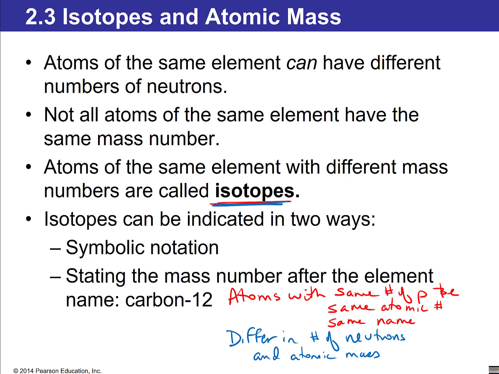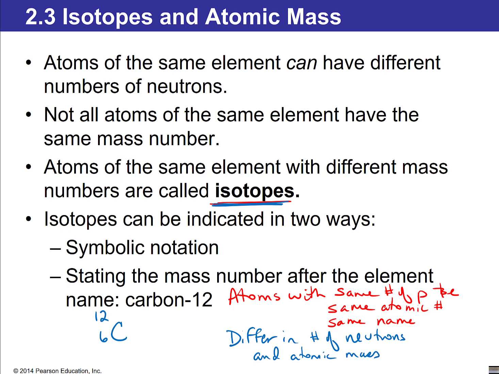So you can indicate the exact number of neutrons that an atom has, if you're talking about an isotope, by writing it. The element, the atomic mass goes above, the atomic number goes below, slightly to the left of the element.